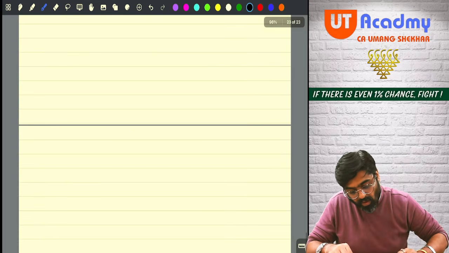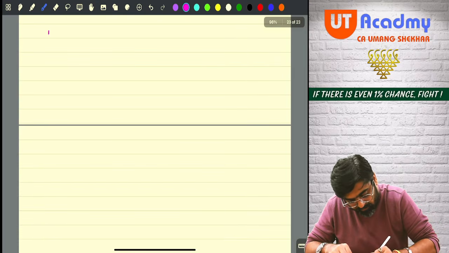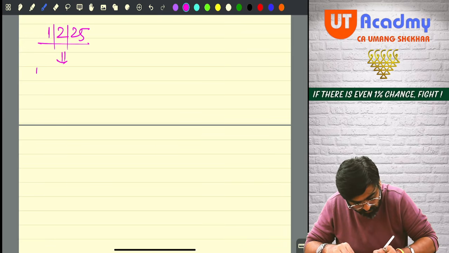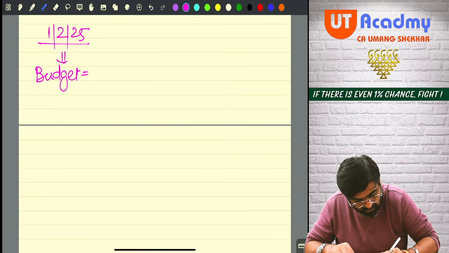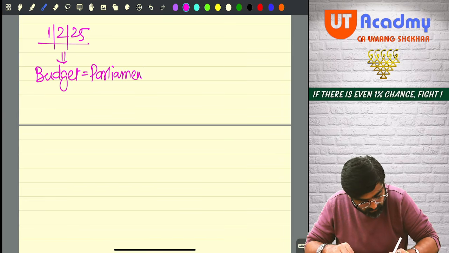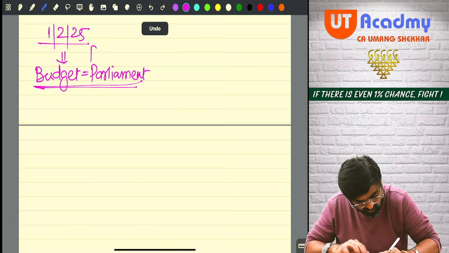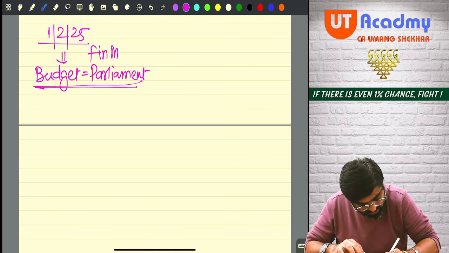See, on 1st of February 2025, the budget will be presented in the parliament, and this budget will be presented by whom? By the finance minister.